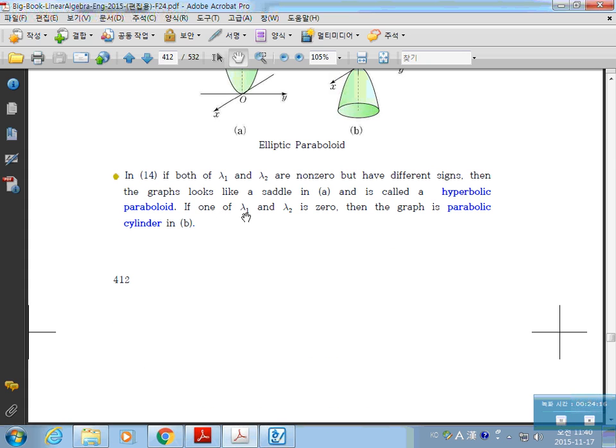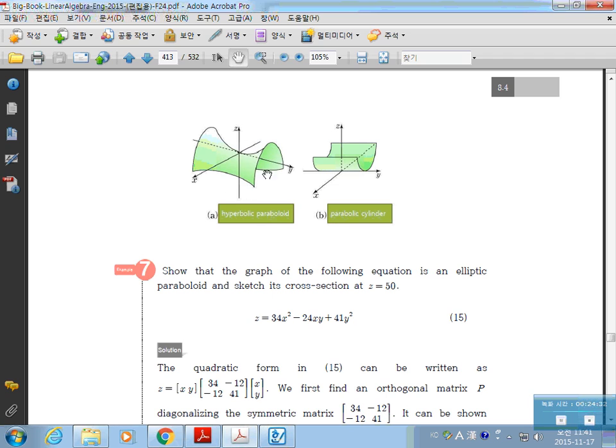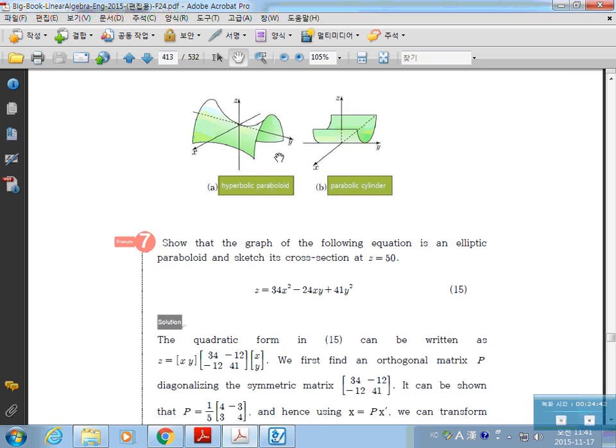If one of lambda 1 and lambda 2 is 0, then the graph is a parabolic cylinder like this. When you have two eigenvalues and one of them is 0, then this simplifies in this way. We call that a parabolic cylinder. So these are the things that you have seen in multivariable calculus, isn't it? This situation can be analyzed with the eigenvalues of that symmetric matrix. That's the whole idea.